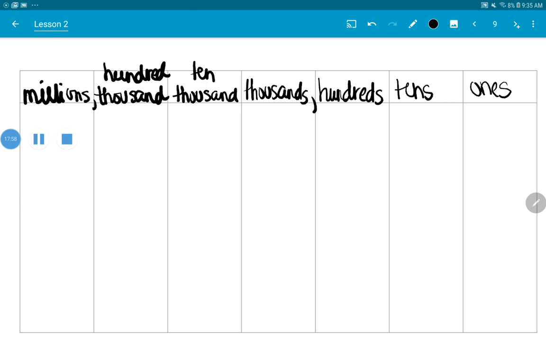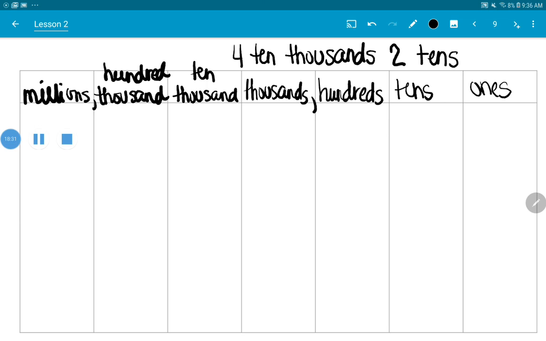All right. This time, I want you to put 4 ten thousands, 2 tens. Represent 4 ten thousands, 2 tens on your place value chart.